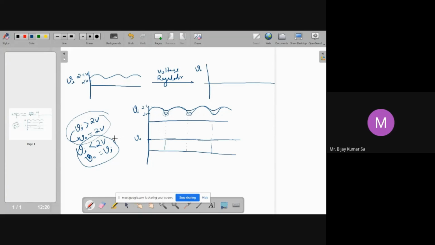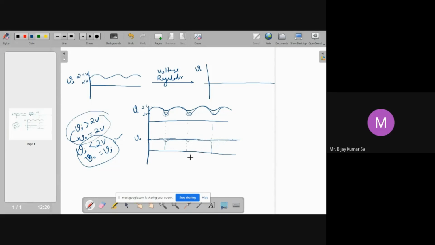Because whenever Vi is less than 2 volt, Vo is equal to Vi only. So in that case there would have been a small dip here, a small dip here, a small dip here.